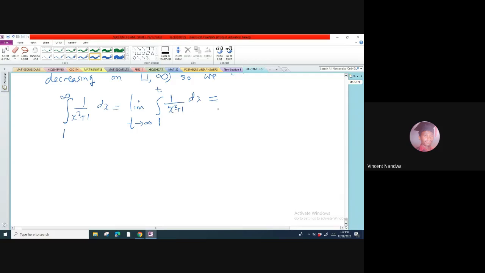So this will be given by the limit as t approaches infinity of tan inverse of x from 1 to t, which will be the limit as t approaches infinity of tan inverse of t minus pi over 4.